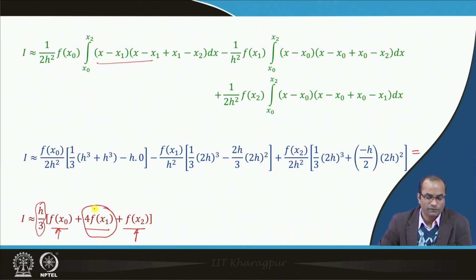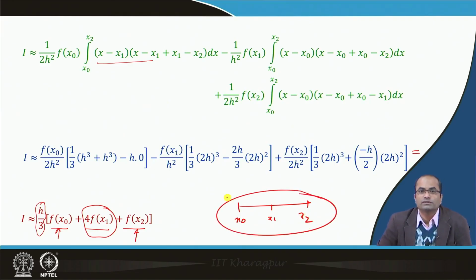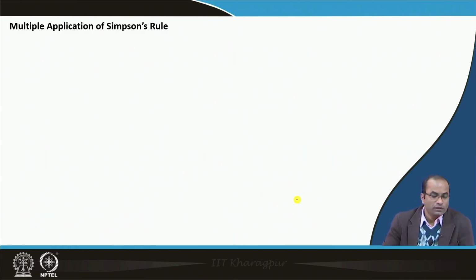There should be a minimum of these 3 points, or 2 intervals, x naught, x 1 and x 2, to apply Simpson's 1/3 rule, or any multiple of this, as we will see in the multiple application. So, either we have 2 intervals, or 4 intervals, or 6 intervals, we can apply Simpson's 1/3 rule.